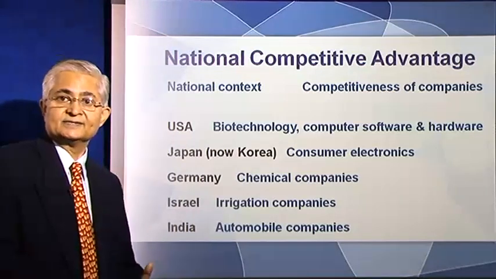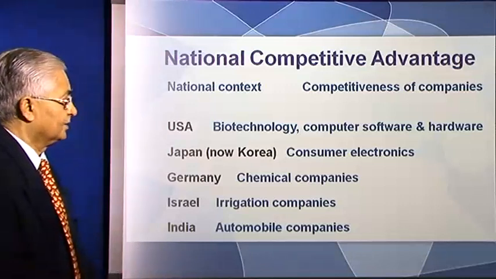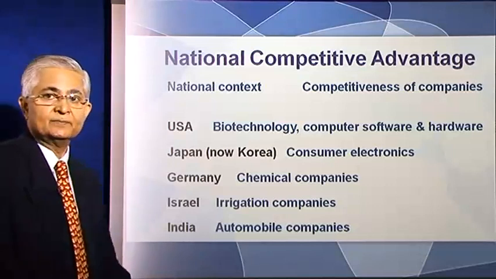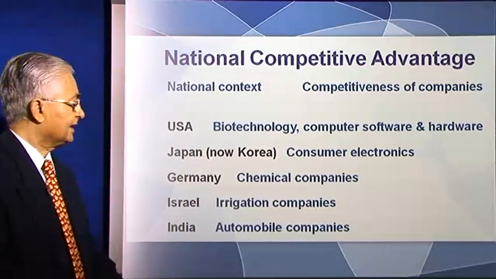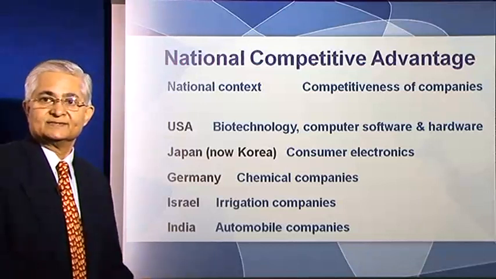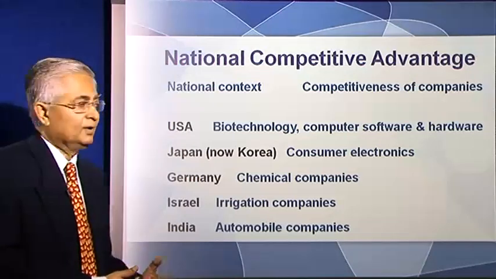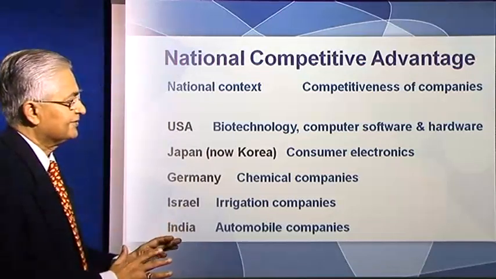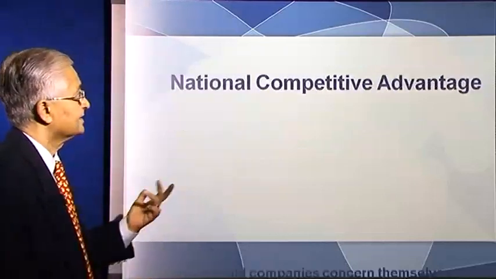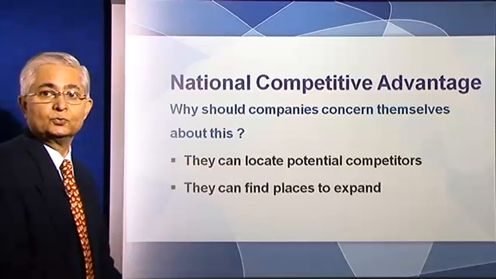Now, of course, it is in Korea that these industries are growing. On the other hand, chemical companies grew rapidly in Germany. Irrigation companies grew rapidly in Israel. Automobiles have grown rapidly in India. So, why is it that these different industries have grown in different countries? This is what the National Competitive Advantage model will help us to resolve.